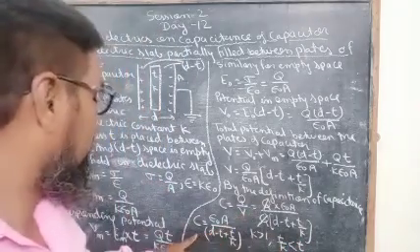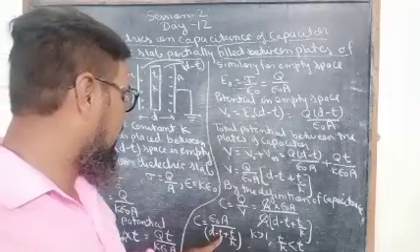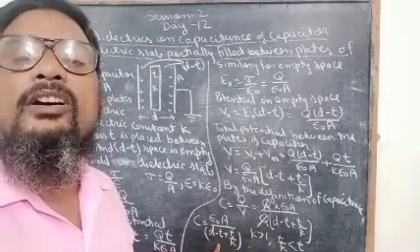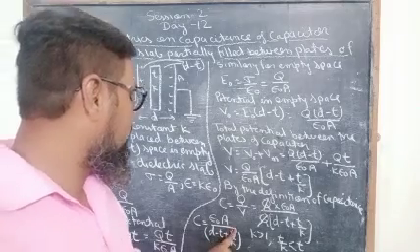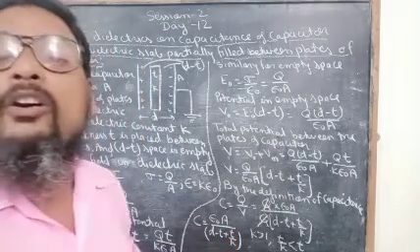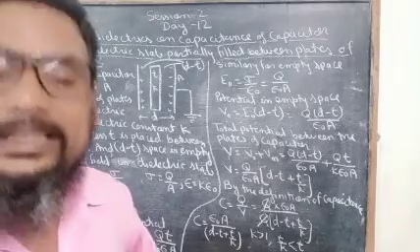Now we come to this term. The greater value T is subtracted, while the smaller value T upon K is added.